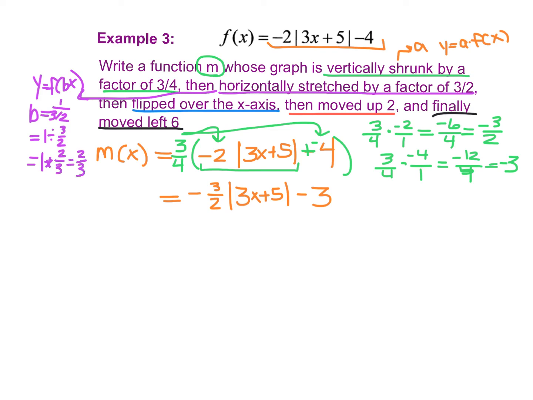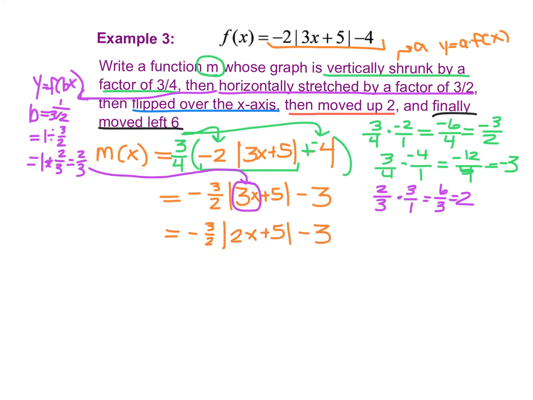So our b value here is 2/3, so that's going to go in here and multiply along with the 3. So we have to do some more fraction multiplication here, so we have to do 2/3 times 3/1, which becomes 6/3, which is 2. So after that horizontal stretch is performed, what we're left with is -3/2, and then here we now have 2x plus 5 minus 3.